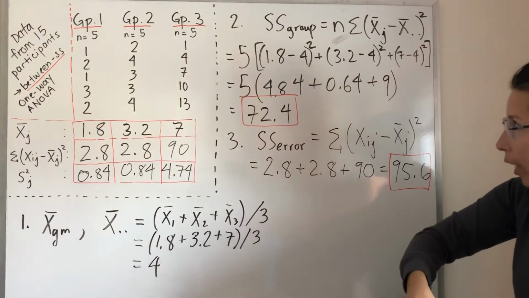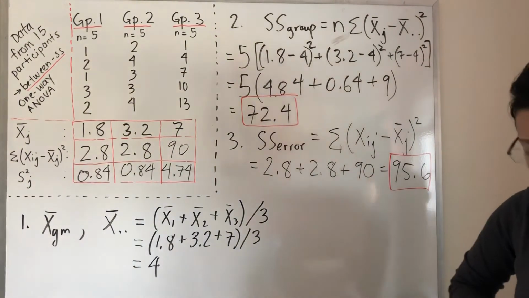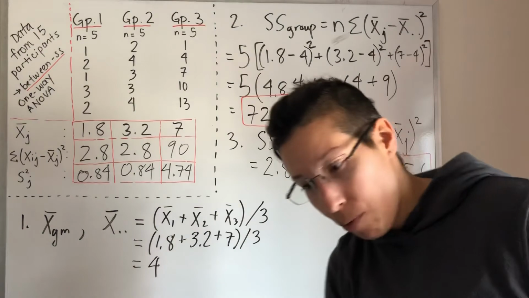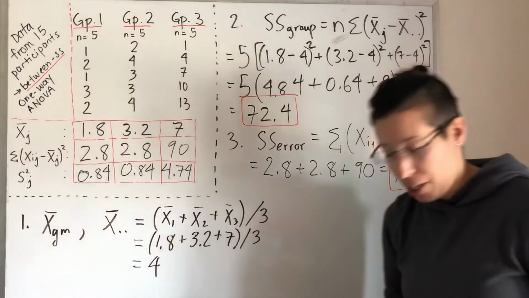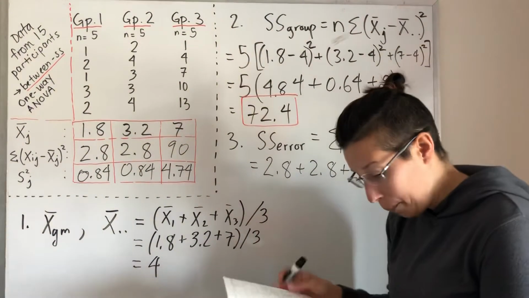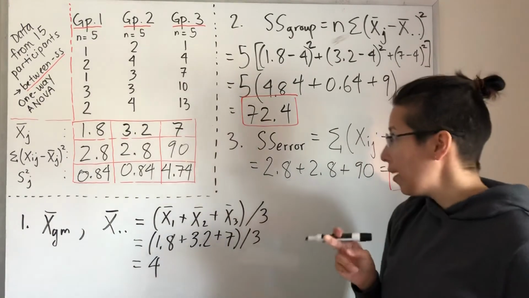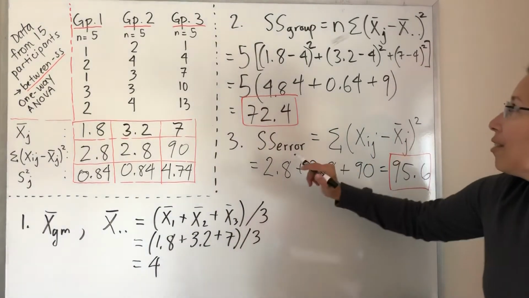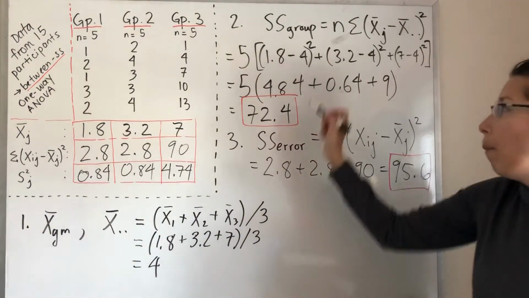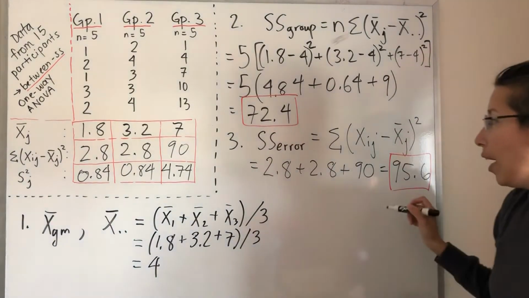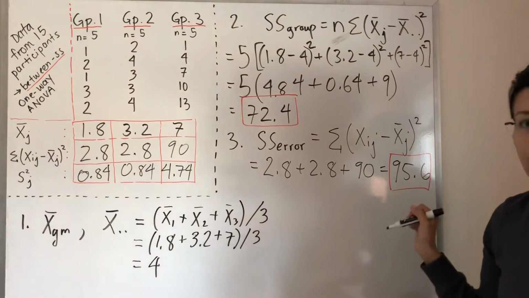So we're getting close to being able to compute this ANOVA score, or F ratio, or whatever you want to call it, F statistic. What do we need next? So you need to divide the sum of squares group by a number. You need to divide the sum of squares error by a number.